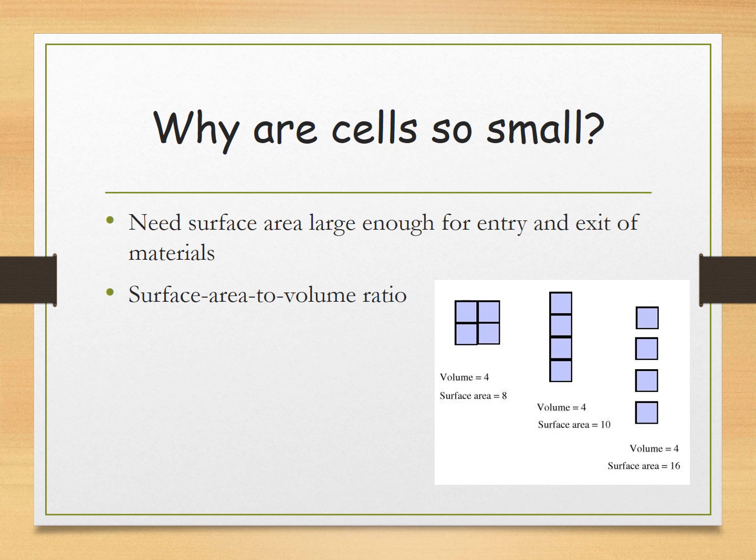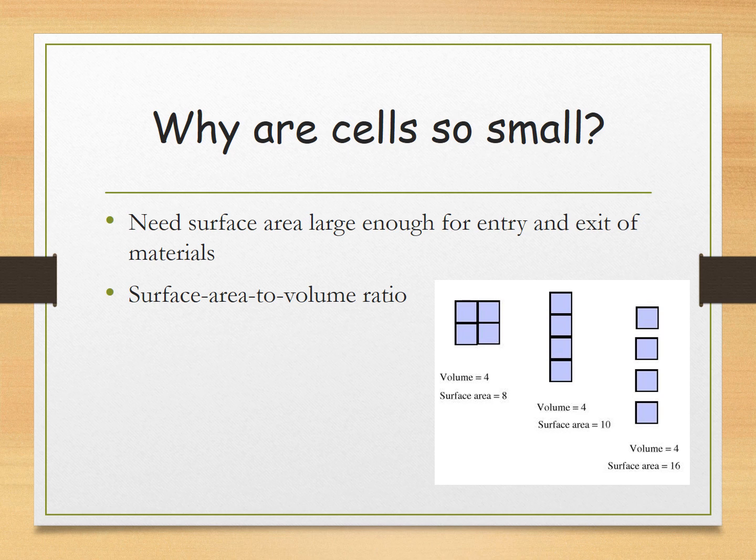But why are cells so small? Why can't cells just be bigger? Well, they need a surface area large enough for the entry and exit of materials. If you look at the picture here, on the left we have a volume of four little cubes together, which gives you a surface area of 8. If we elongate the structure, you still have the same volume, but the surface area increases to 10.